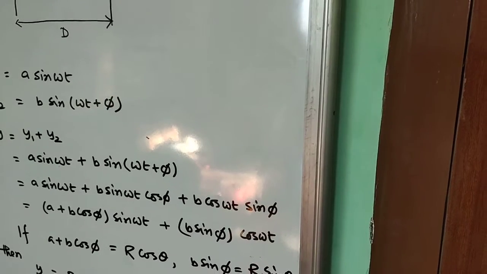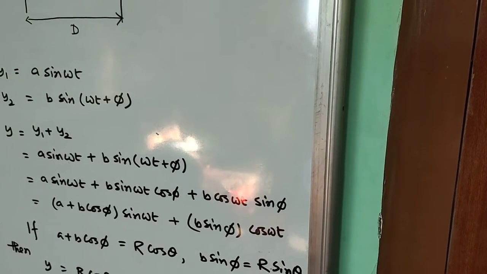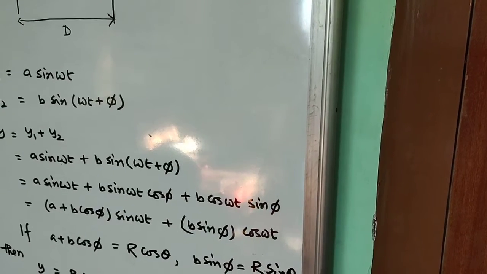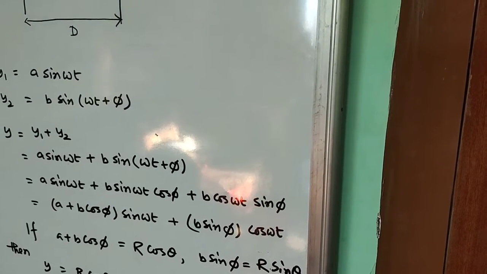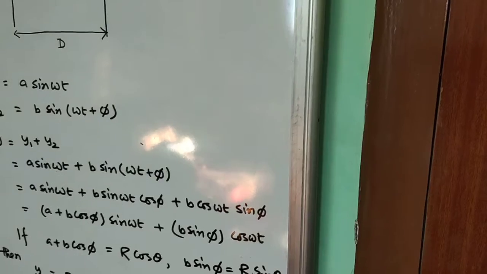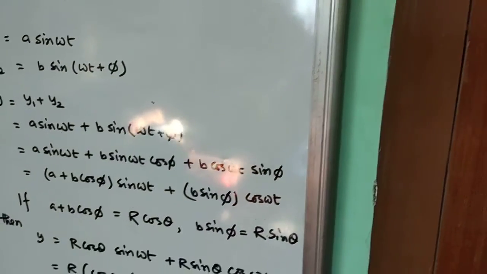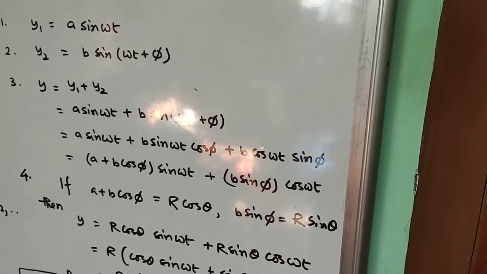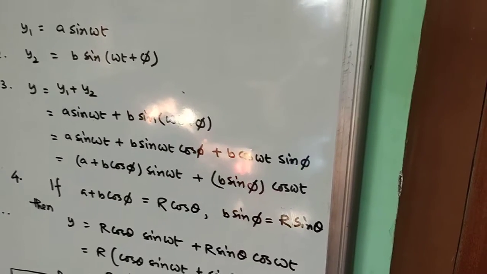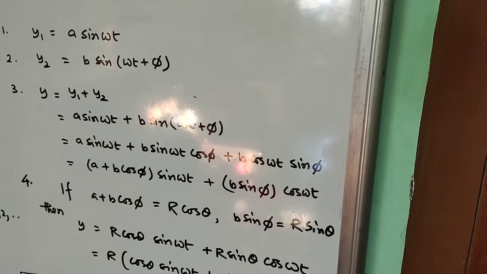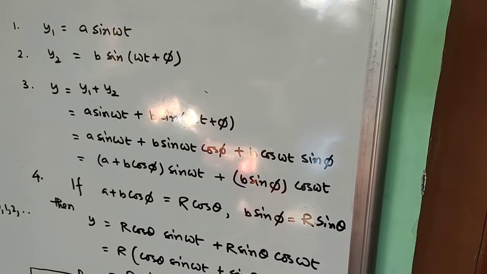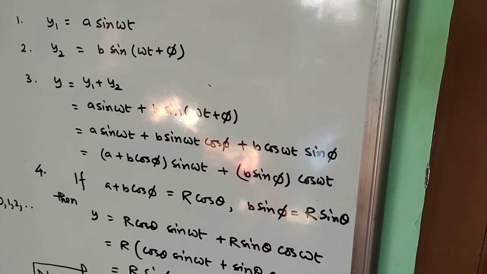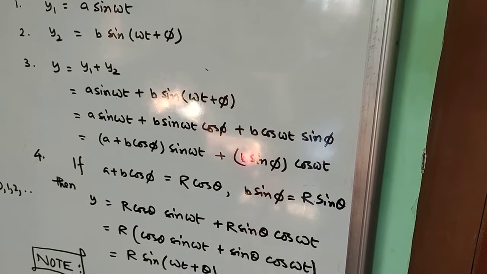Now we have taken sine omega t common, so it comes within brackets: (A plus B cos phi) sine omega t, plus B sin phi cos omega t. Now in equation number 4, we have replaced A plus B cos phi as R cos theta, and B sin phi as R sin theta. So if you substitute this in equation number 3, then y equals R cos theta sin omega t plus R sin theta cos omega t.